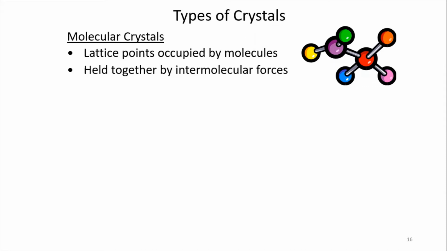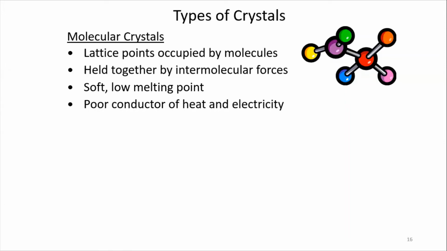And depending on the relative strengths, you're going to have a whole different range of how hard these things are. Most of these molecular crystals are soft and they have low melting points. In other words, they melt at relatively low temperatures. And they're also poor conductors of heat and electricity.